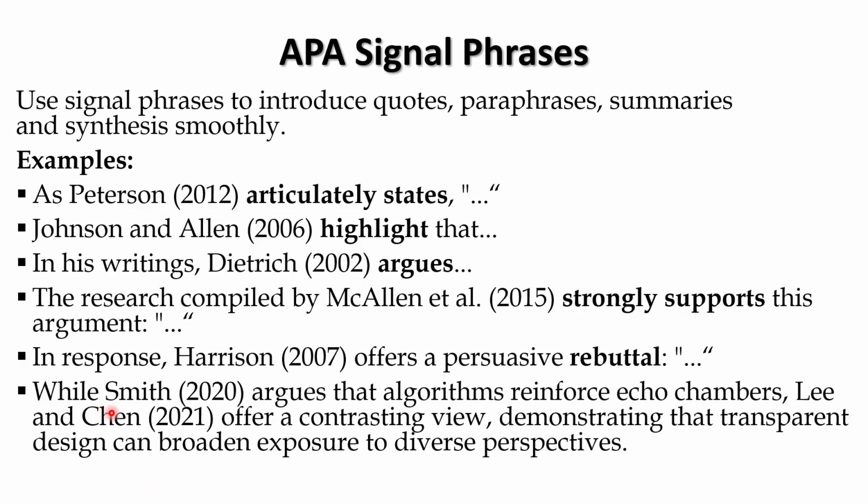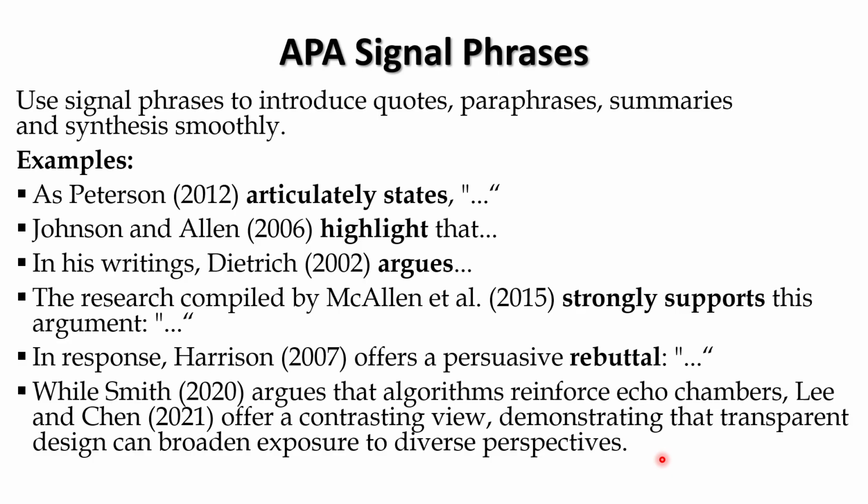Now look at the last example. It's a little longer and it does something special. While Smith (2020) argues that algorithms reinforce echo chambers, Lee and Shin (2020) offer a contrasting view, demonstrating that transparent design can broaden exposure to diverse perspectives. So this signal sentence introduces two sources and shows exactly how they relate.